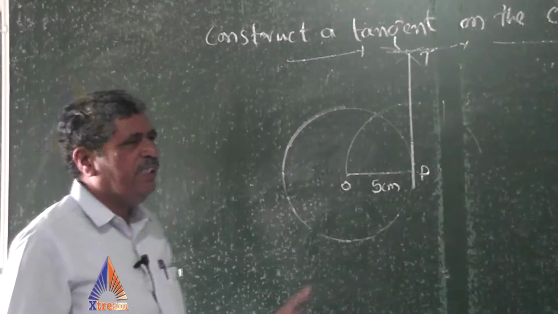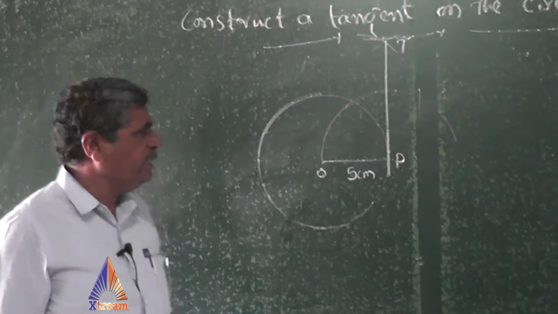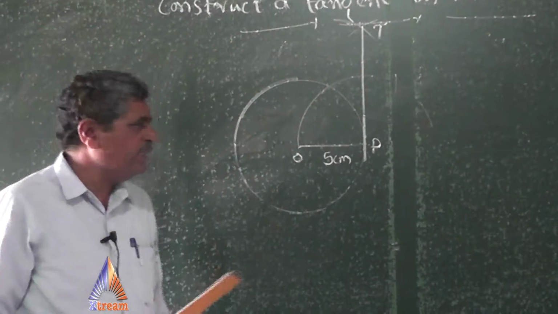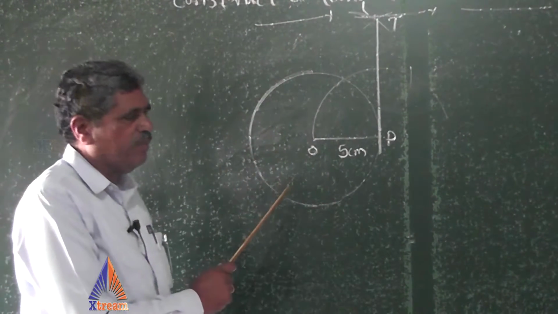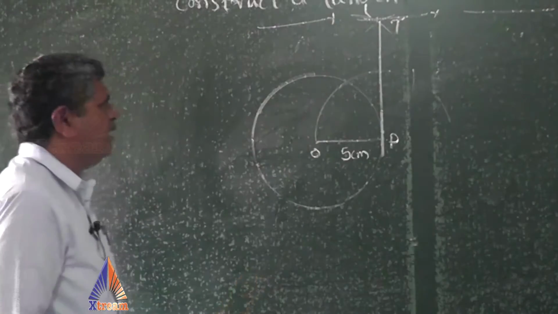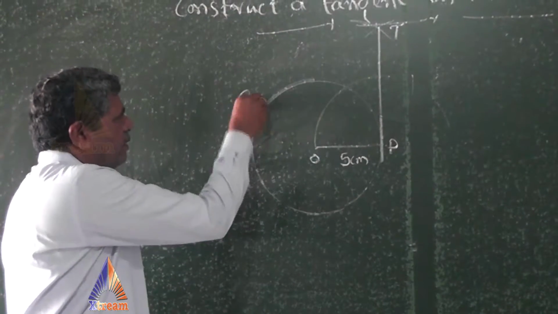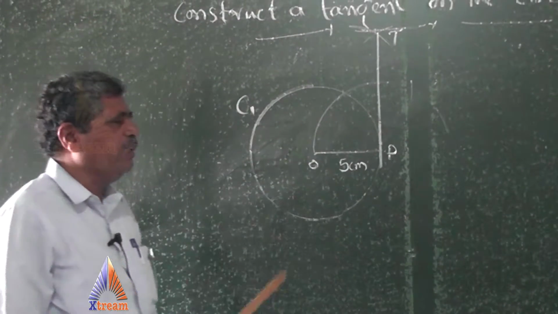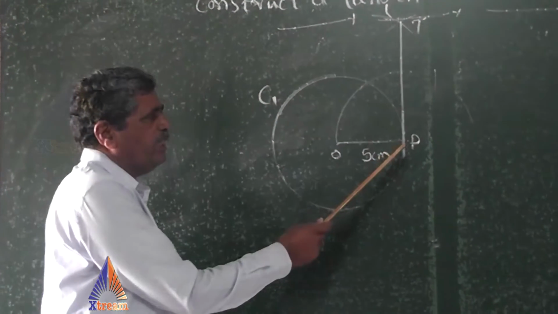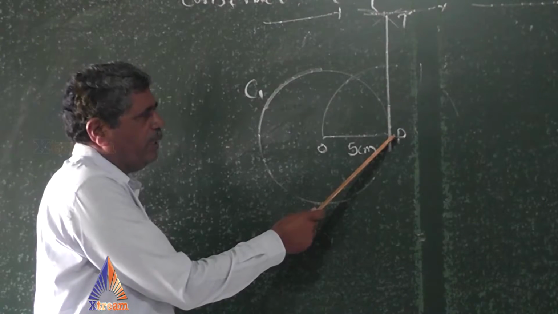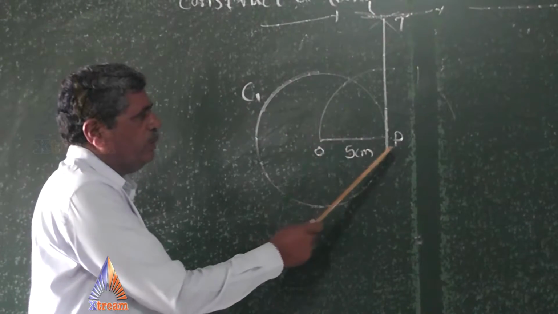Each problem carries 2 marks. First, it is very simple: take a divider of radius 5 cm and draw circle C1. Next, mark the point P anywhere on the circumference of the circle. Then join OP.